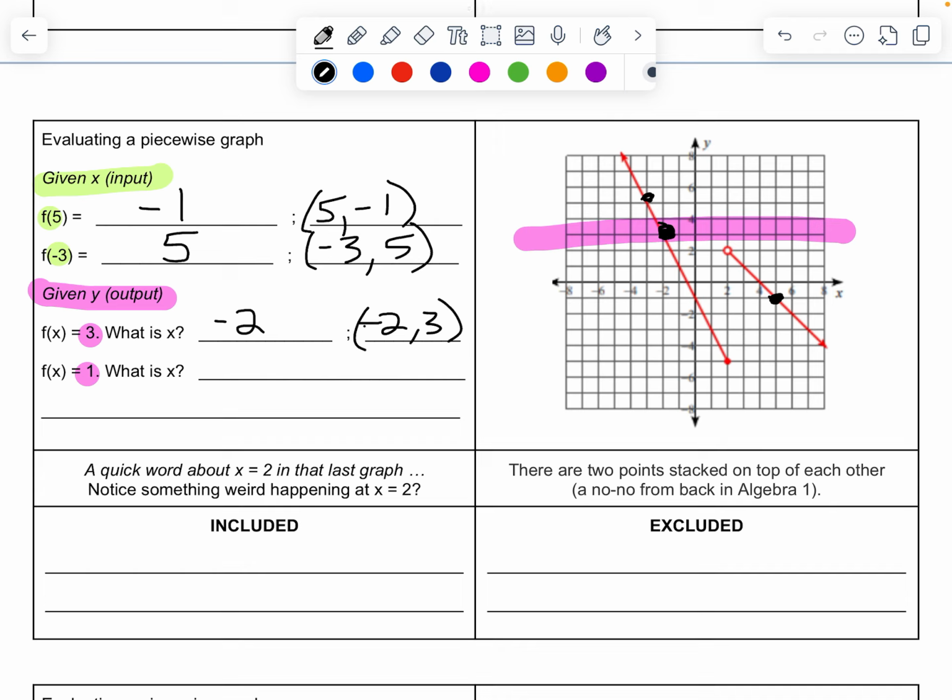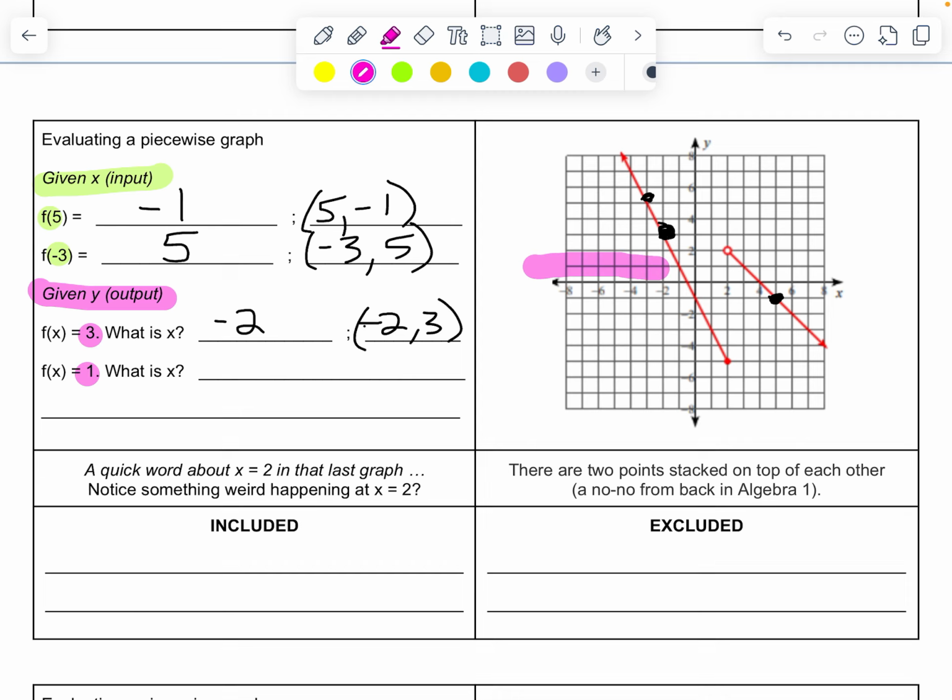I did the highlighting of that line for a very specific reason, and let me go ahead and show you. Actually, let me get rid of this one real quick just so we can see it a little bit better. Here is a y value of 1.